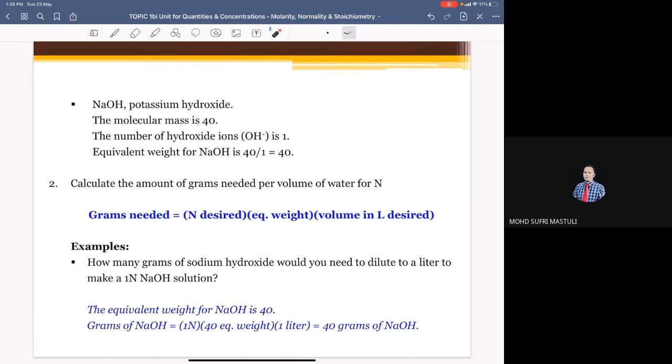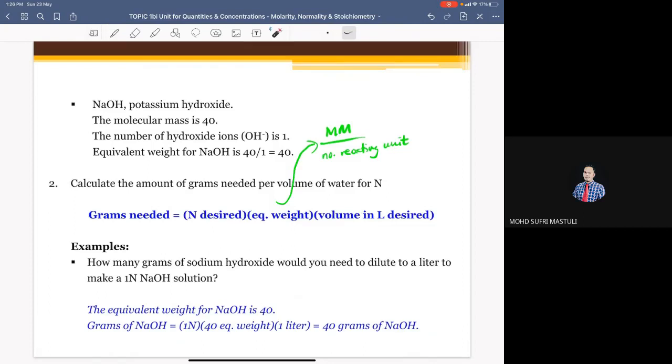Okay. And also we can calculate the amount of grams needed per volume of water for normality. So the grams needed is the normality desired times equivalent weight. This is why we have to know the equivalent weight, molar mass over number of reacting units, times volume in liters.